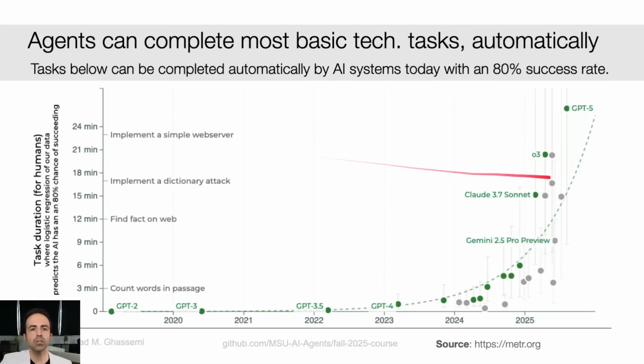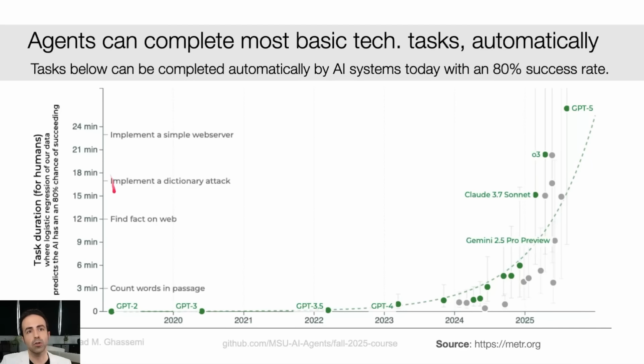What this is showing you on the right-hand side is that LLMs can now do these tasks that would take a human 24 minutes, basically much faster than 24 minutes, but importantly, completely autonomously with no human input.